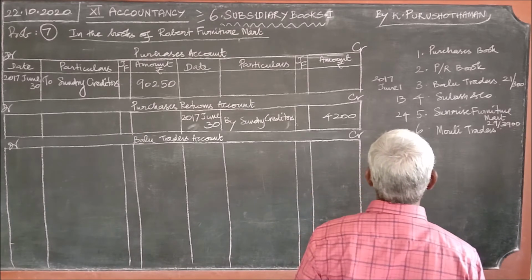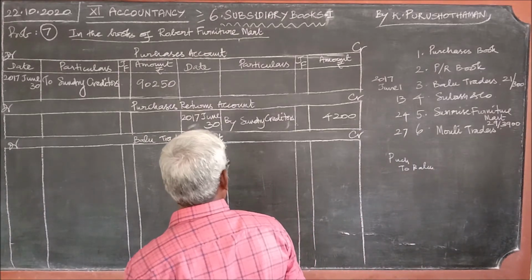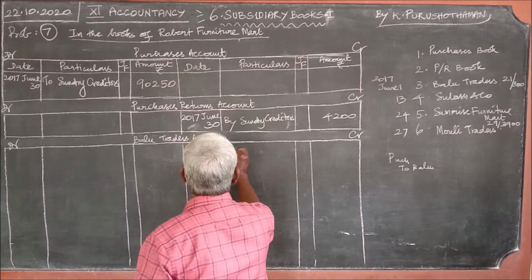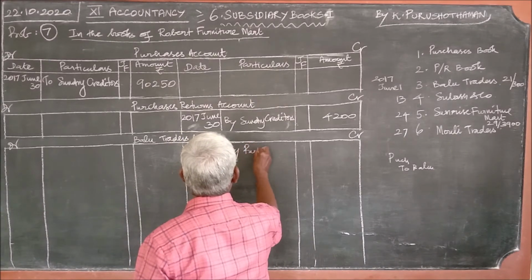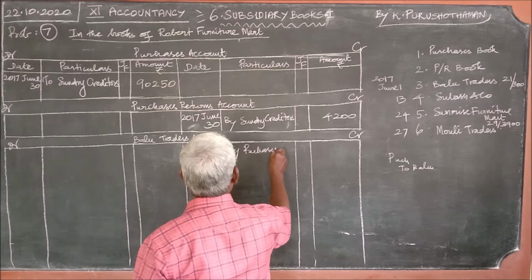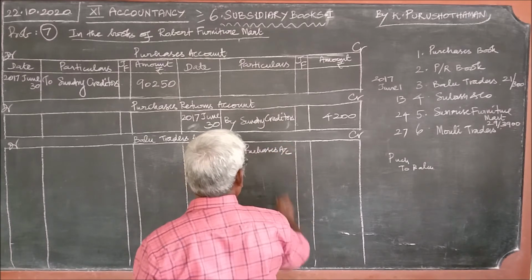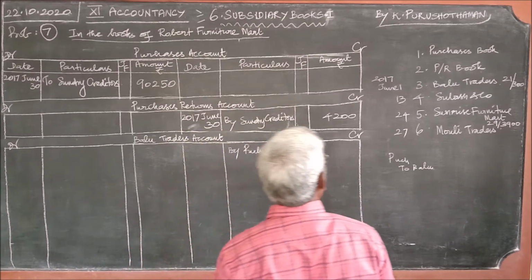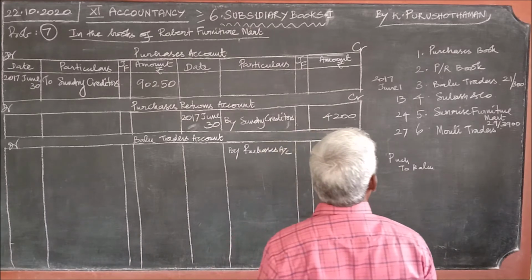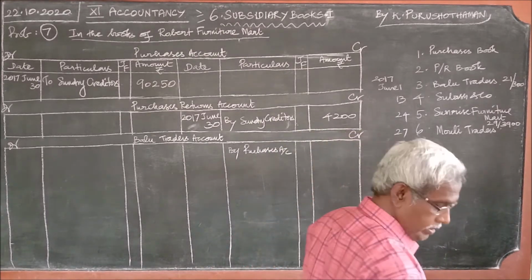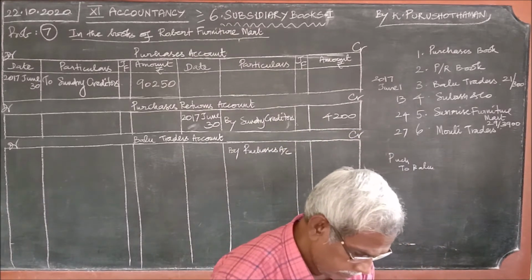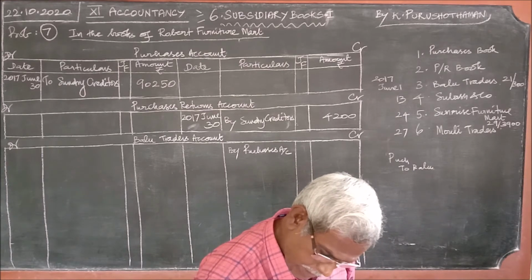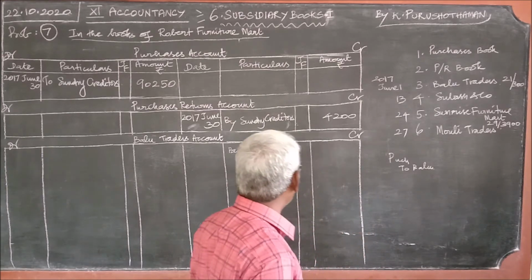So on the credit it is Balu, by purchases account, 3,000 rupees.